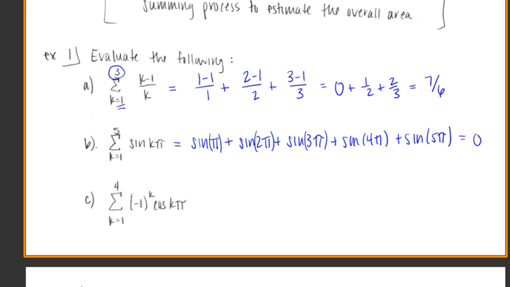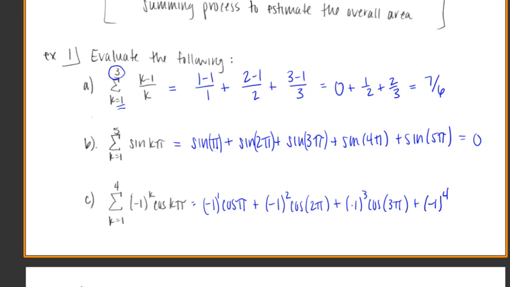And the last one here, just to get practice with, we're going to go -1 to the first times the cosine of pi plus -1 squared times the cosine of 2 pi. We're going to do 4 of these terms. So plus -1 cubed times the cosine of 3 pi plus -1 to the 4th times the cosine of 4 pi.